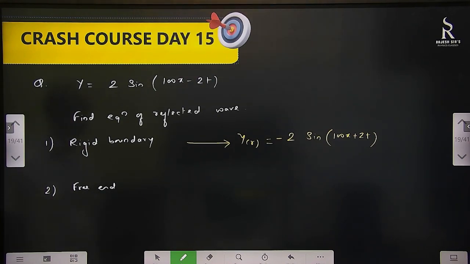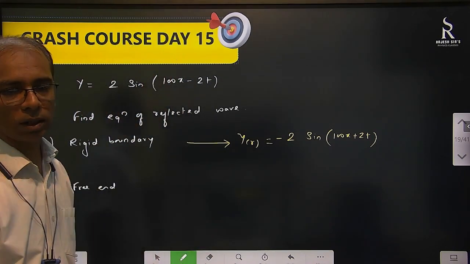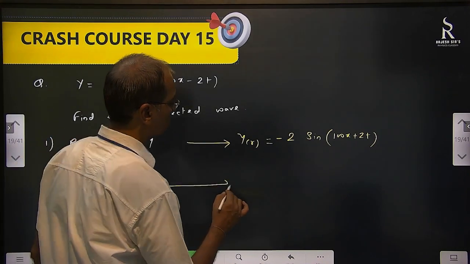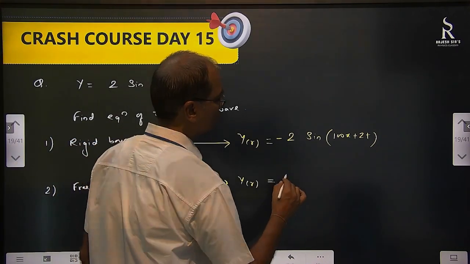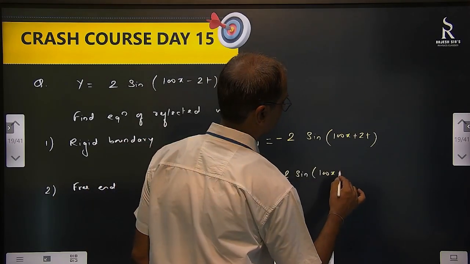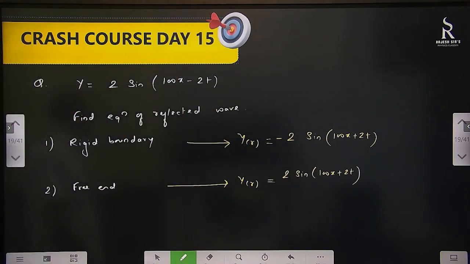I hope everything is clear. yr is equal to minus 2 sine (100x plus 2t). That's all, nothing else. Free end reflection: only the direction changes, amplitude remains the same. So 2 sine (100x plus 2t), because it's going to move along the negative x-axis.